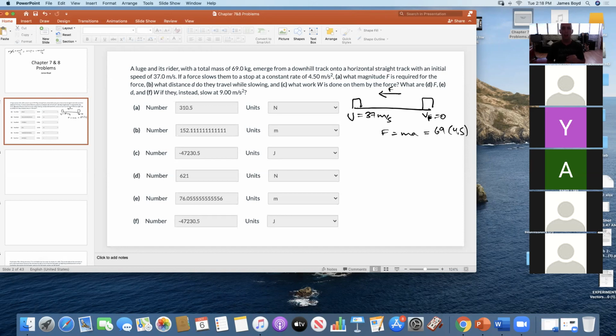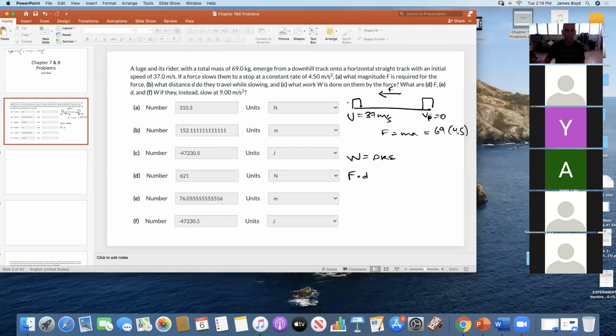So now we need to know what distance it travels before it stops. So we need the work energy theorem, and the work energy theorem says that the work is the change of kinetic energy. We know the work is force dotted with distance.